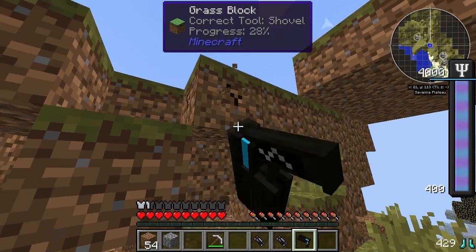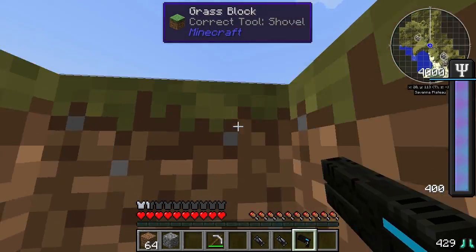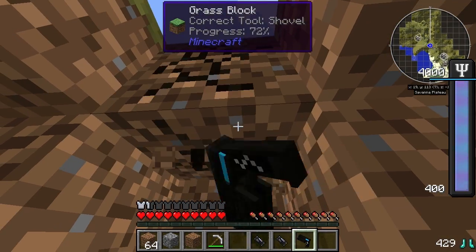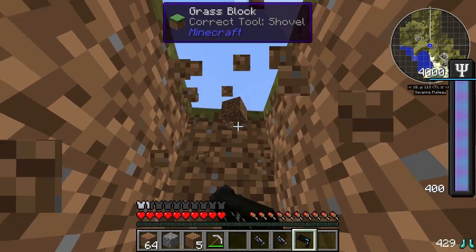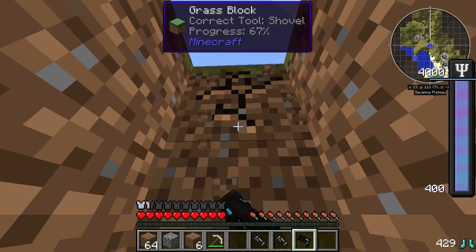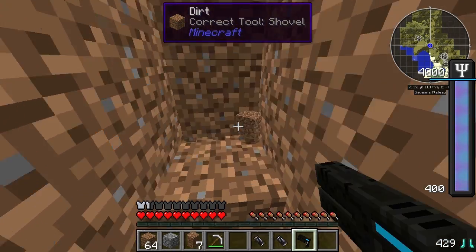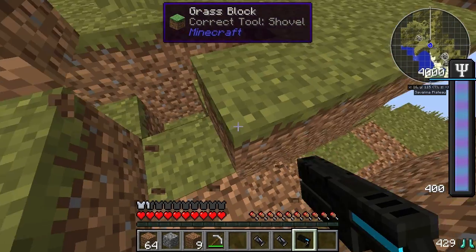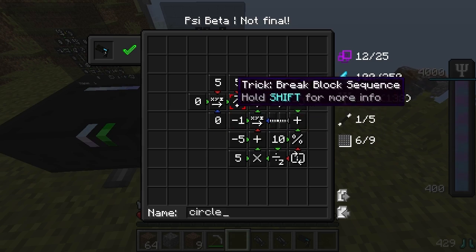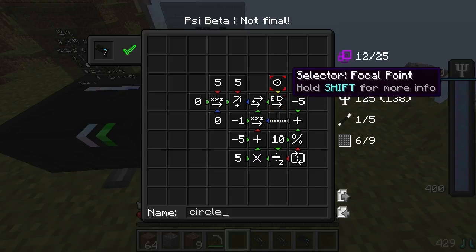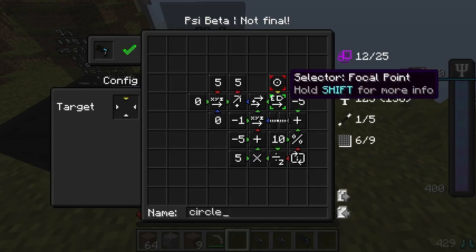What this tells me, anyway, is it's just taking everything from the actual position of the focal point, and then subtracting and adding. That's the way I can see how that works quite nicely, because it's just taking the actual position of the entity, of the focal point. Everything is coming from here.